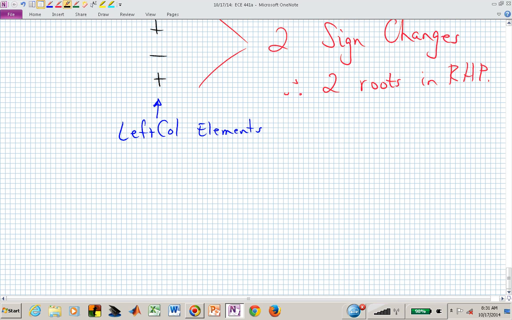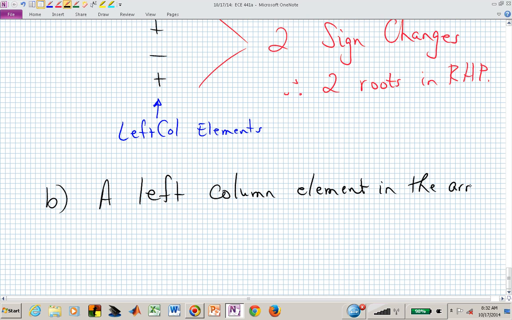Possibility B. Here, let's say that we have a left column element in the array that is 0, but if we look in that same row where that entry is 0 in the left column, there are some non-zero entries to the right of that 0 element.